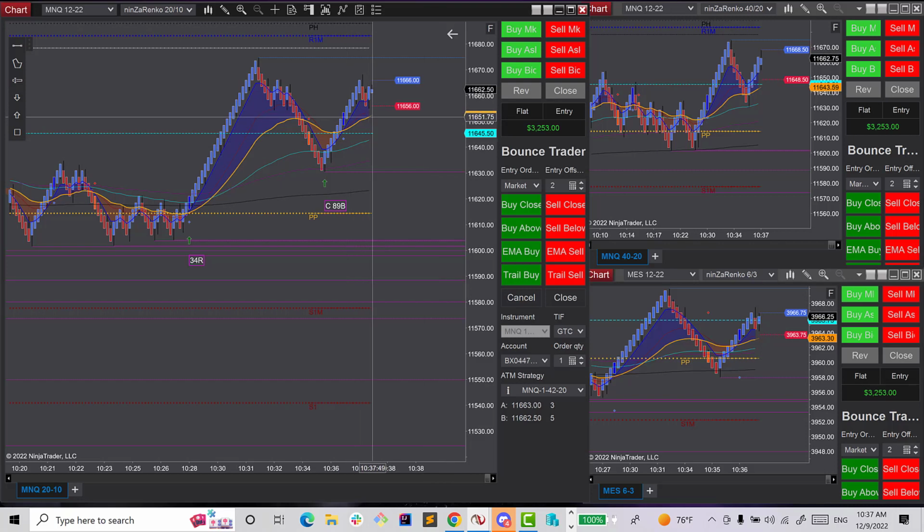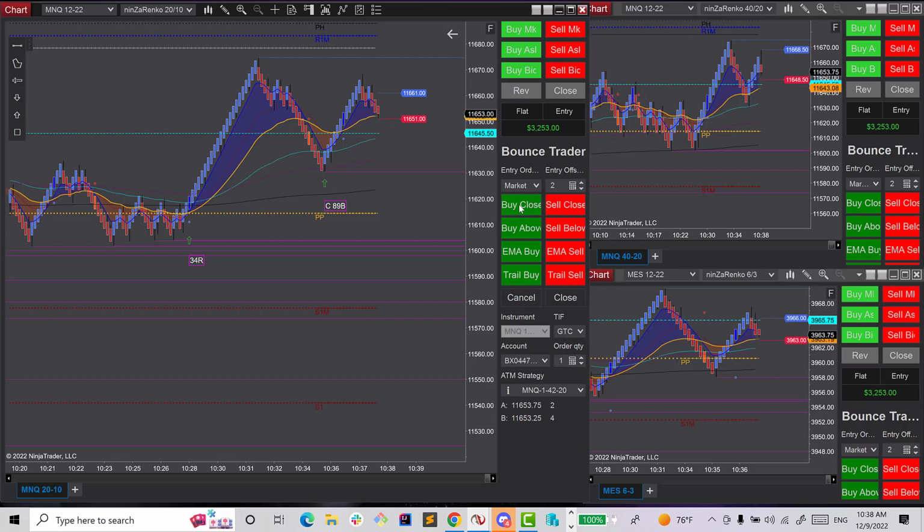Not sure if it's gonna give us a signal though. Yeah, with these buttons you can enter really quickly. They're very helpful. They're kind of essential to the bounce method. Otherwise you'll be late in entering.